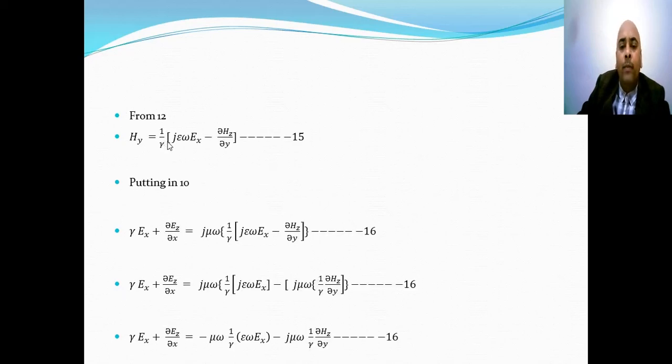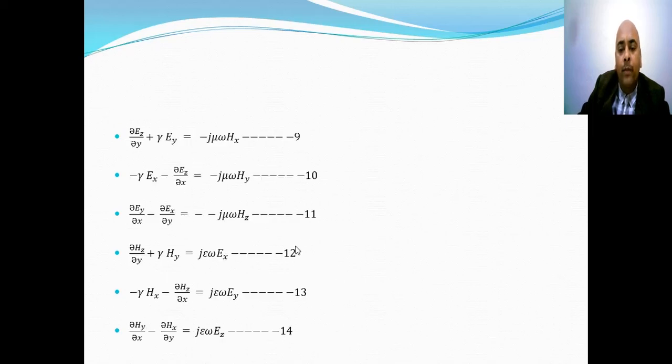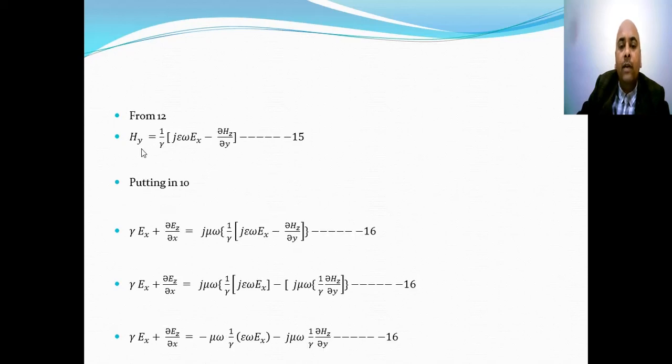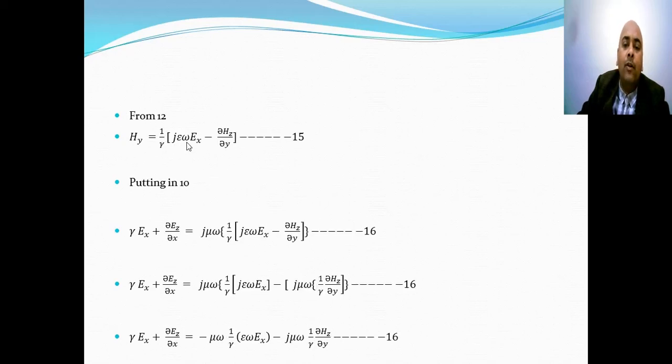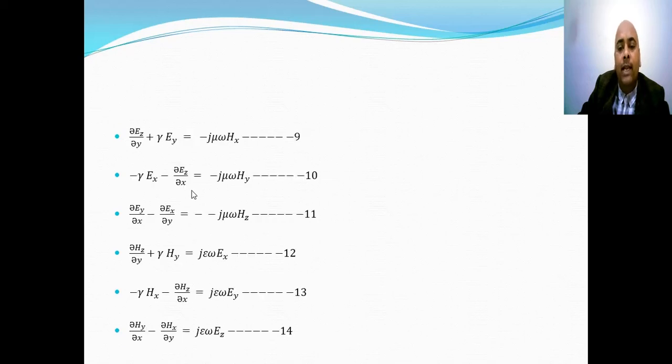That is, from equation 12 we are finding the value of Hy, which comes out to be 1 upon gamma into j epsilon naught omega Ex minus curly Hz upon curly y, and we are putting this value of Hy, derived from equation 12, in equation 10.